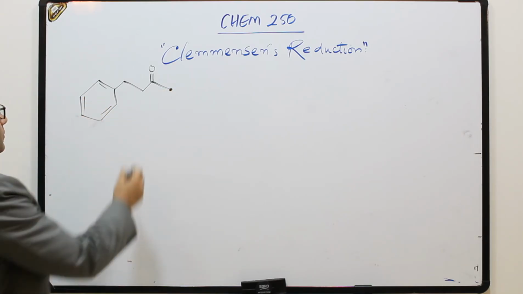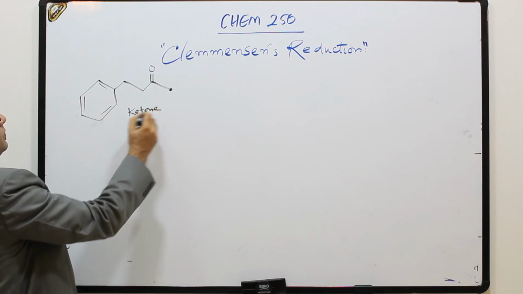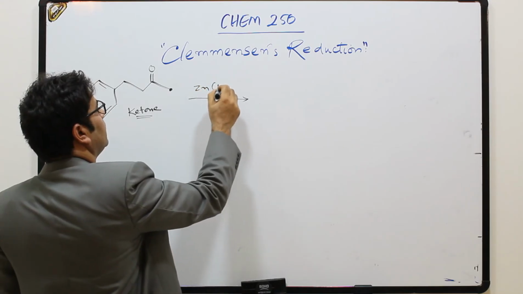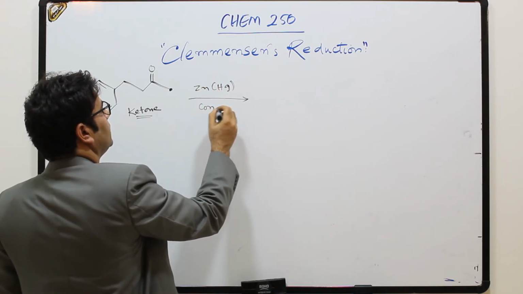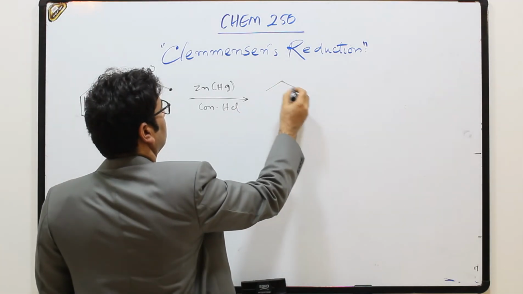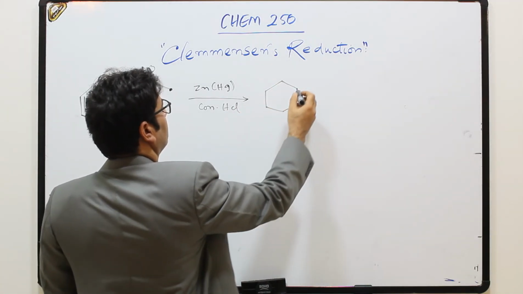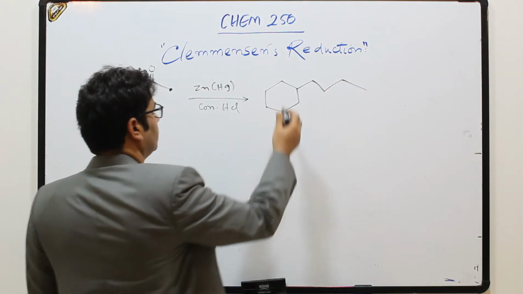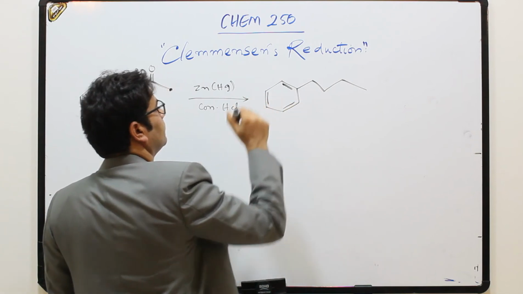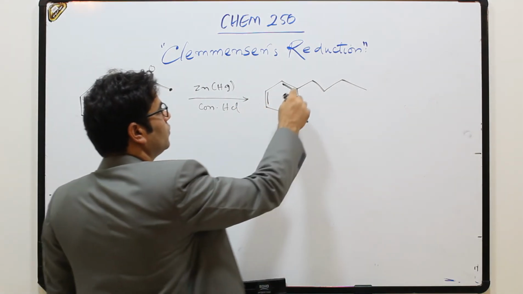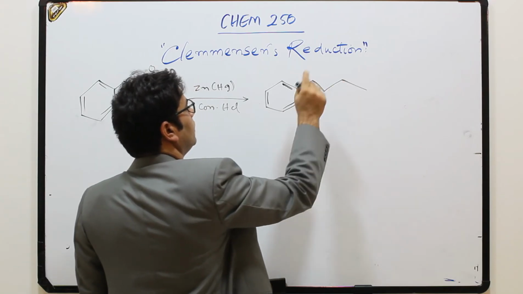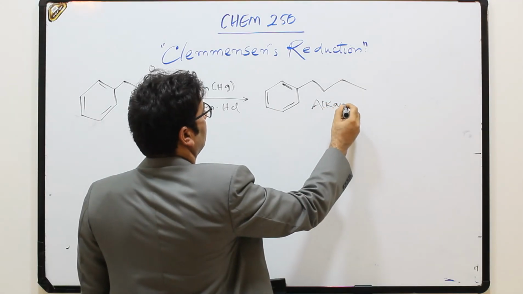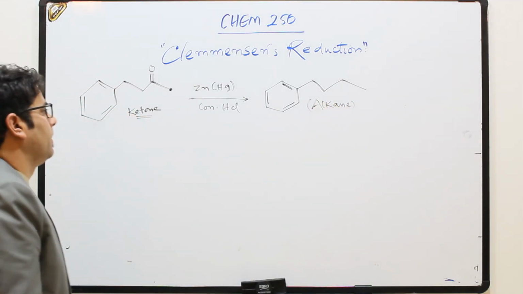This is a ketone. In presence of zinc mercury amalgam and concentrated HCl, it will give us this product. What is this product? 1, 2, 3, 4 at one position, 1-butyl benzene. So this is a ketone, this is an alkane, 1-butyl benzene.